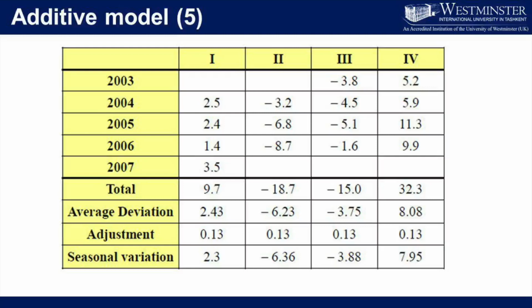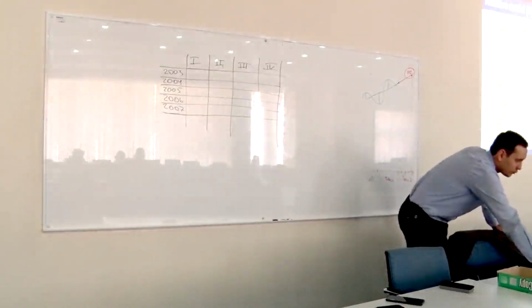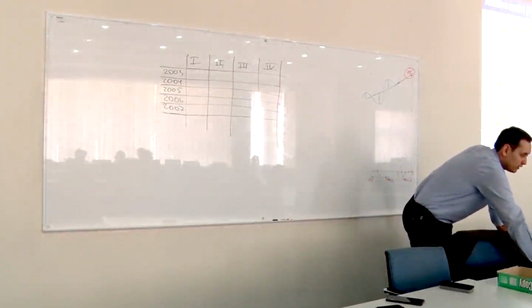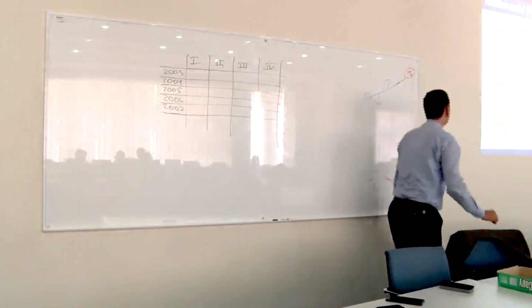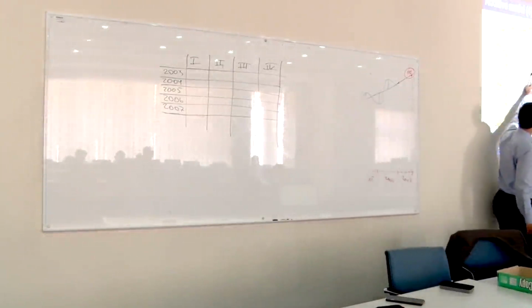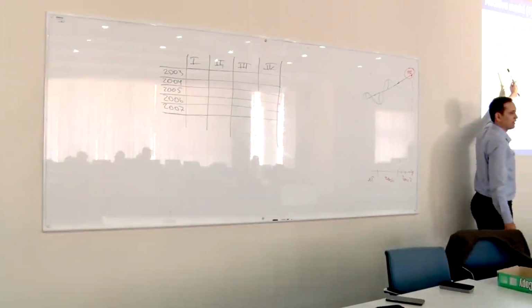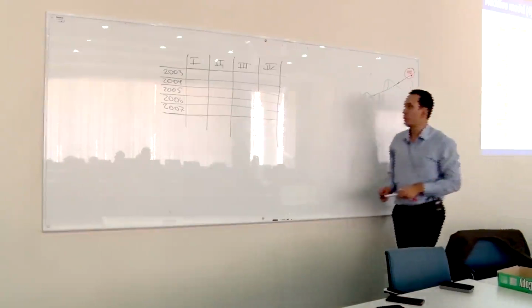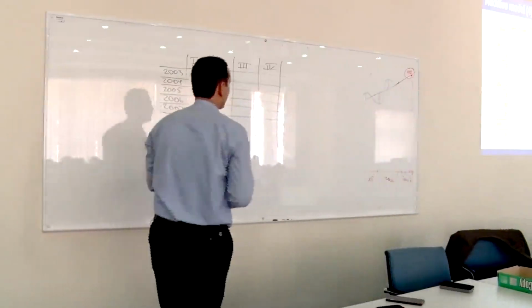Now, what cell do we start from? To find that, we look back to our previous table, and we see that our first deviation from trend starts from the third quarter of 2003. So we just copy these numbers into this table.